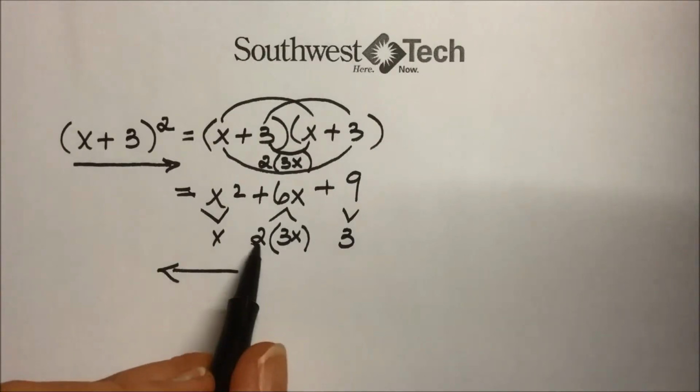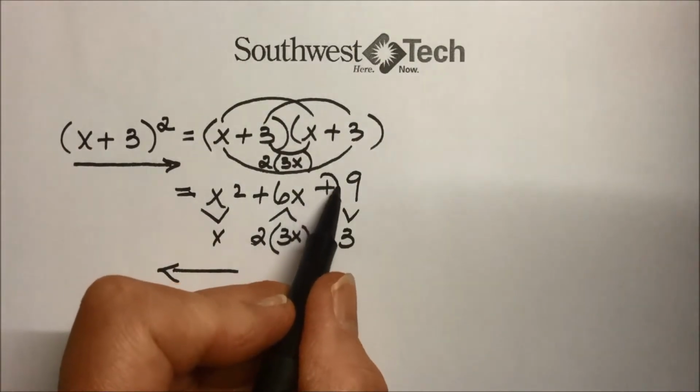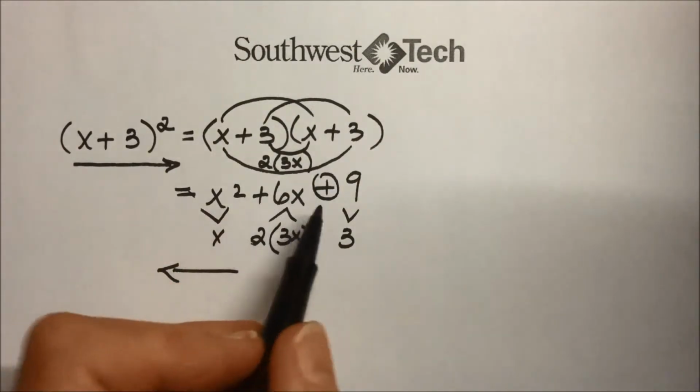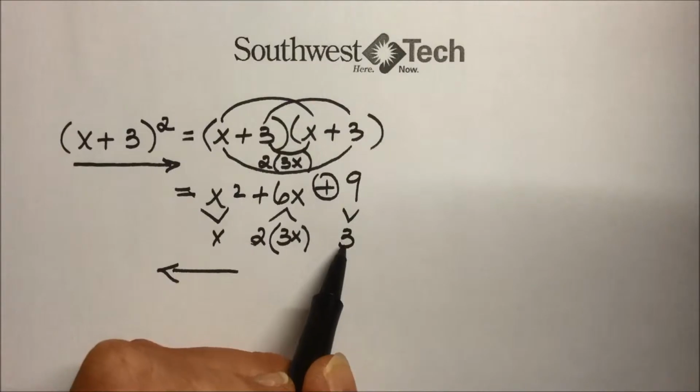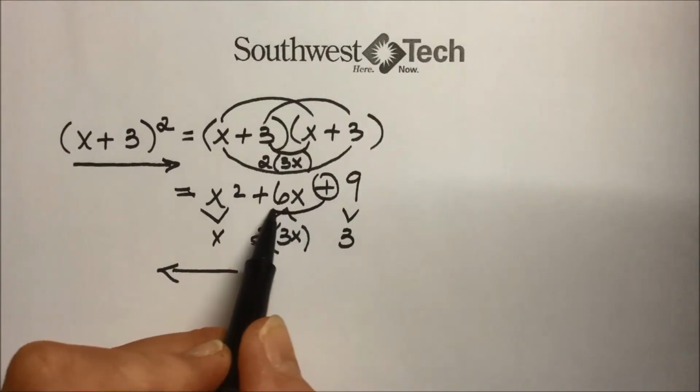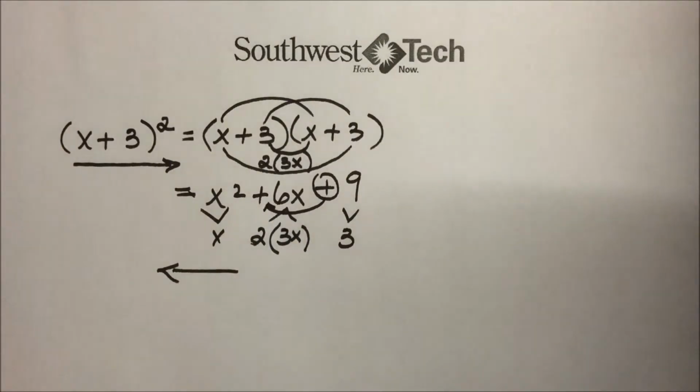It could be the opposite, and if you remember when we factored trinomials in previous sections, if the sign is plus on our third term here, it means both factors have the same sign, and they are whatever the sign is in front of the linear term.